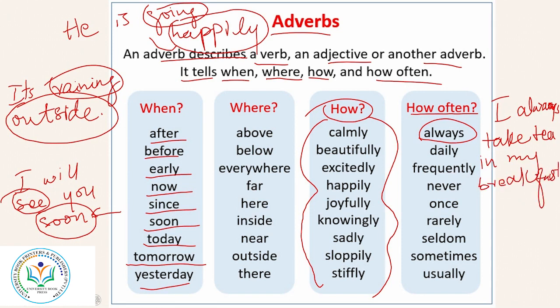Here, take is a verb and always is an adverb. It tells you that he always takes tea in his breakfast. The adverb always is modifying taking tea here. Usually, I usually go to the park.